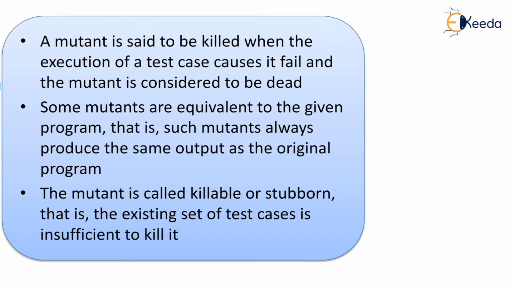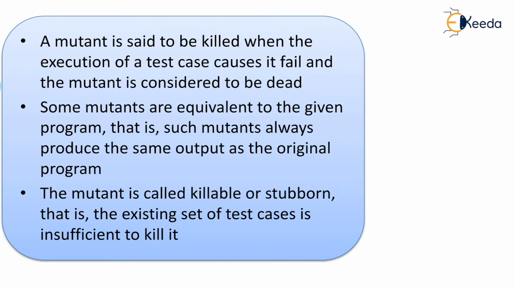Now, there is a little definition here: when a mutant is killed, and when it is stubborn or killable. First we'll read this definition, then I'll explain. A mutant is said to be killed when the execution of a test case causes it to fail, and the mutant is considered to be dead.